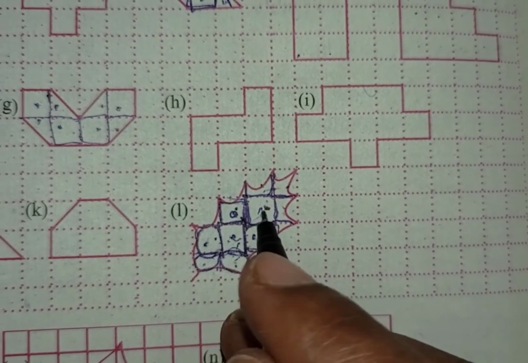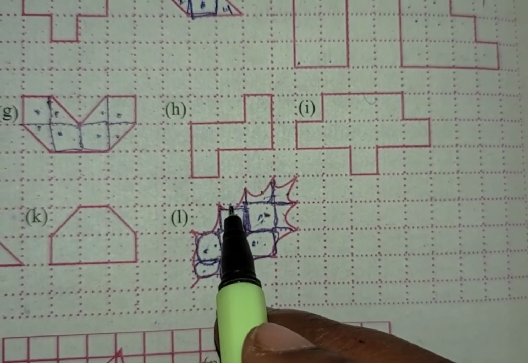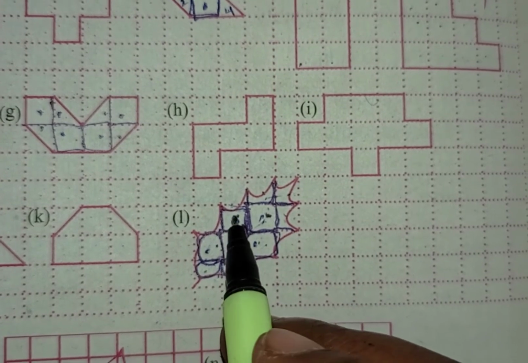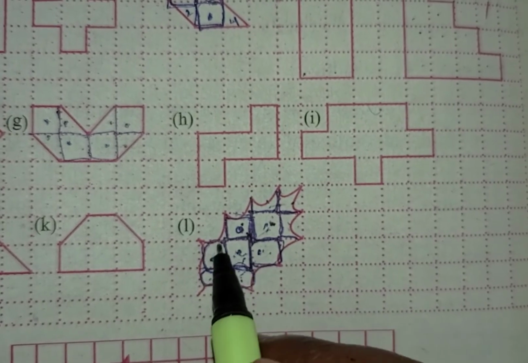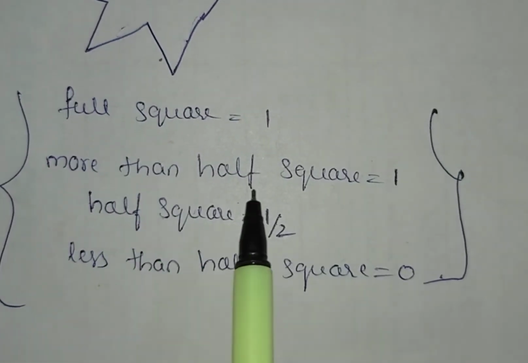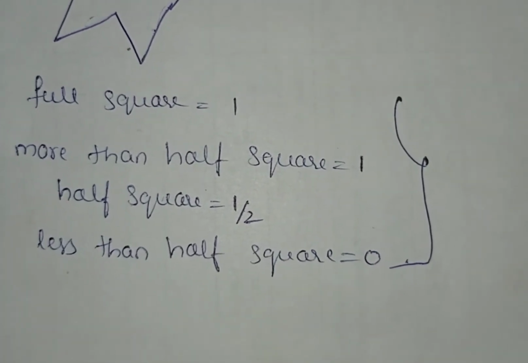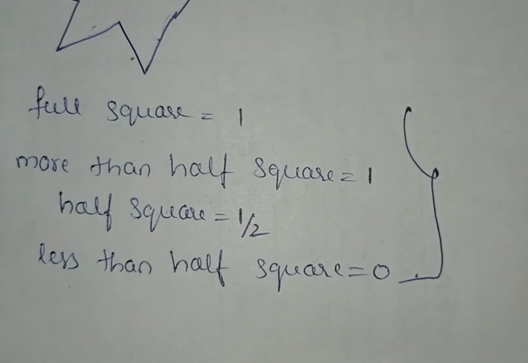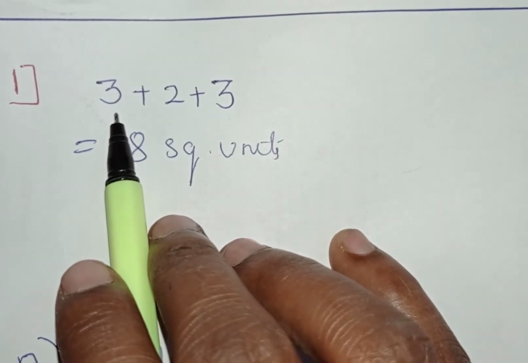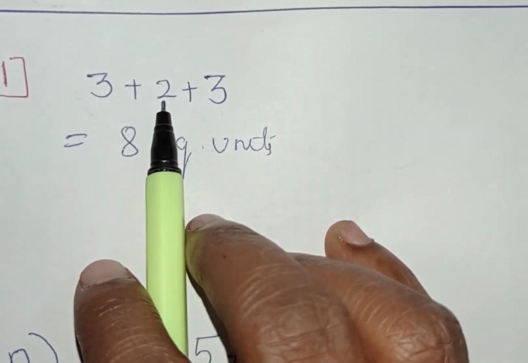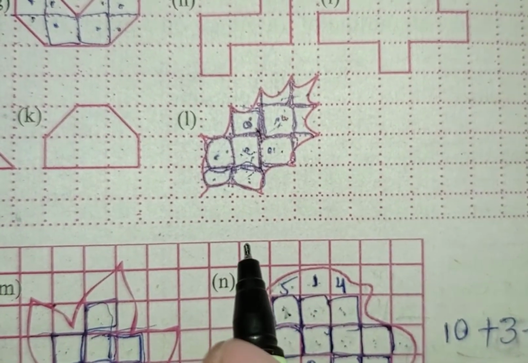Because only a little bit, maybe 0.1 or 0.2, is left to make 1 square unit, that's why I consider it as 1, 1, 2. So more than half is 2. For more than half a square we consider it as 1 only, so I am considering these two more-than-half squares as 2. 1 plus 1 is 2. How many full squares? 3 full squares. How many more than half squares, children? 2, right? 1, 2, 3 full squares, and 1, 2 more than half squares.